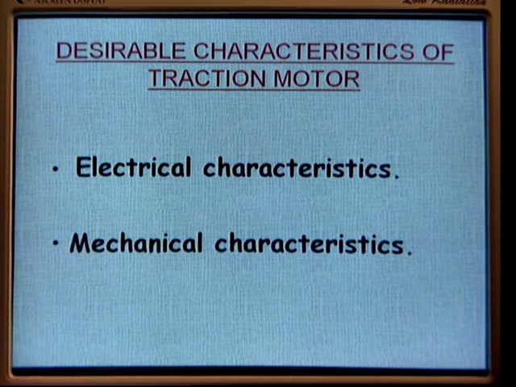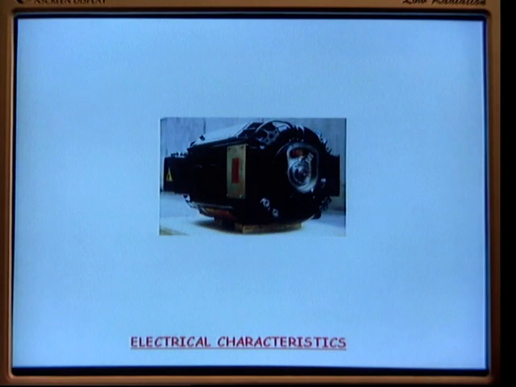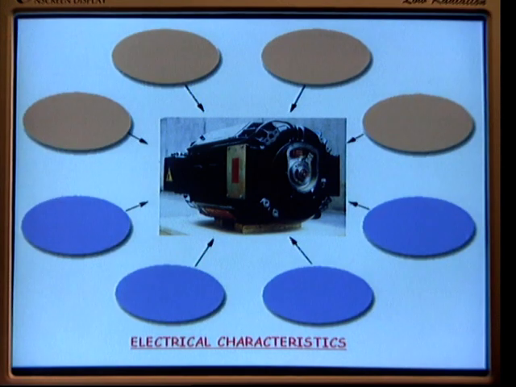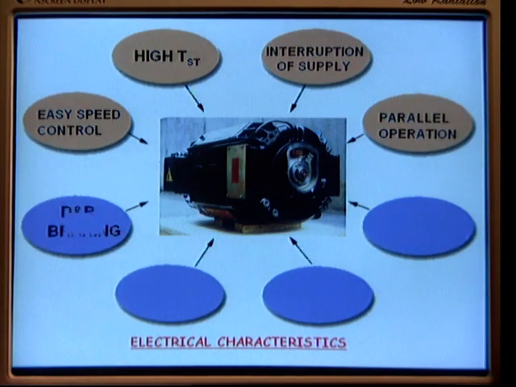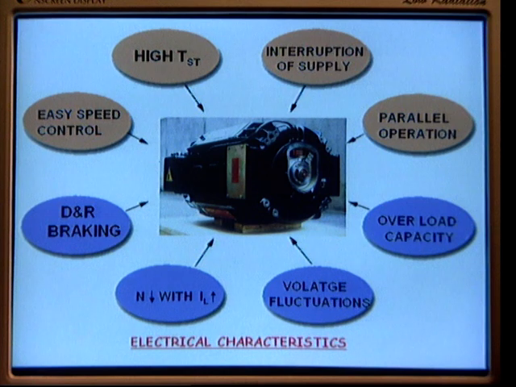What are the requirements of electrical characteristics? Let us assume this is the motor for traction. It should have, first of all, high starting torque. Second, easy speed control methods. Third, it should have dynamic and regenerative braking facility.